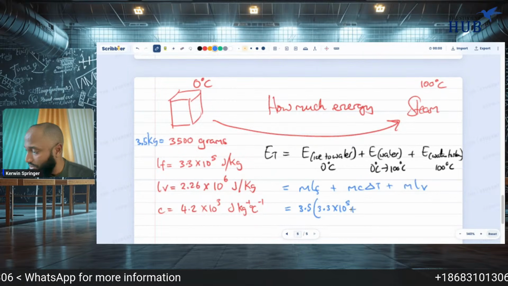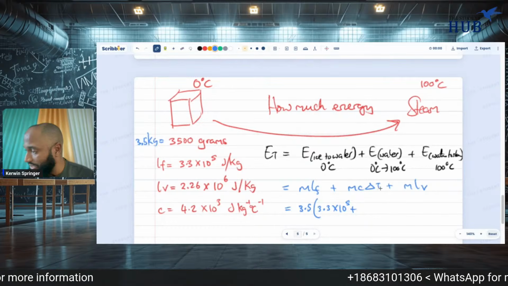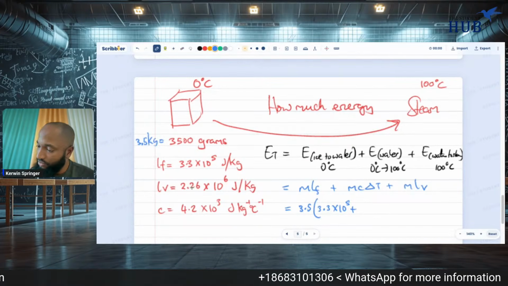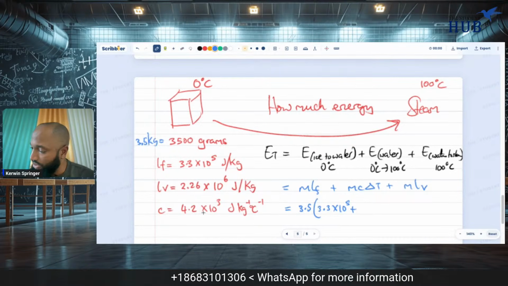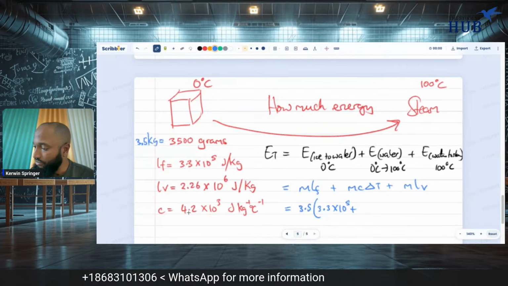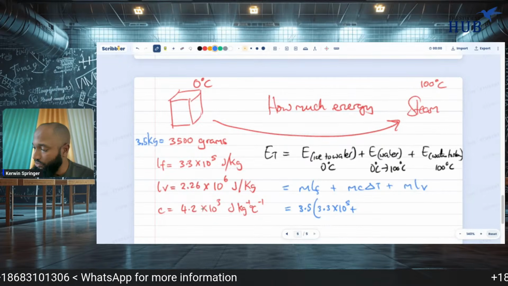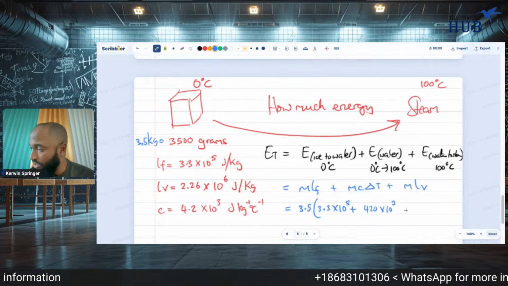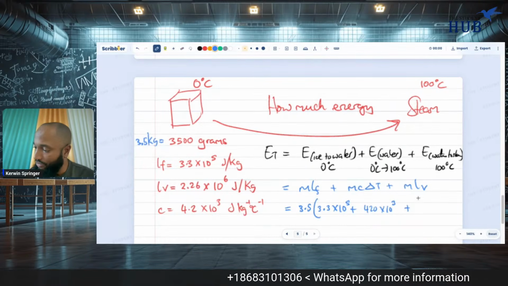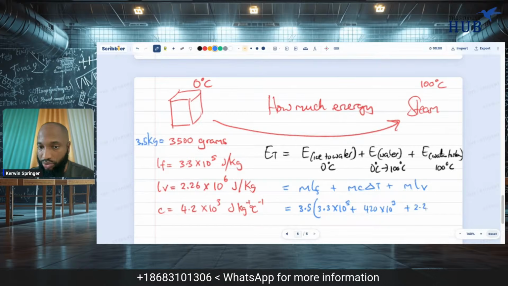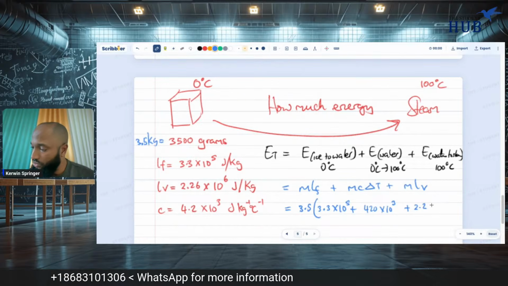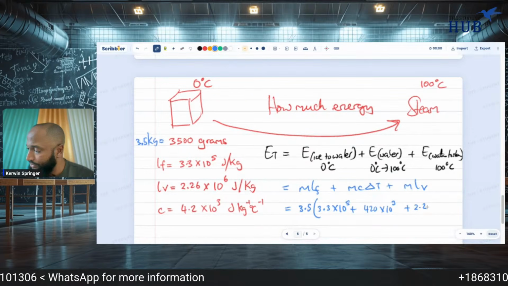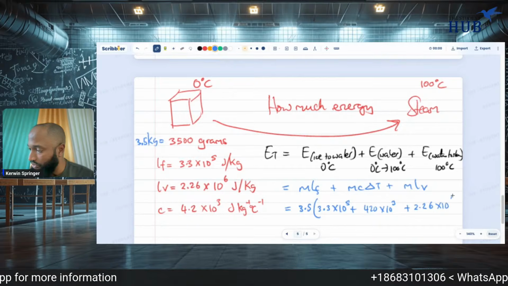The next thing will be c and ΔT. That's 100 times this guy. So I can say 420 times 10 to the power of 3 plus Lv, which is 2.26 times 10 to the power of 6.